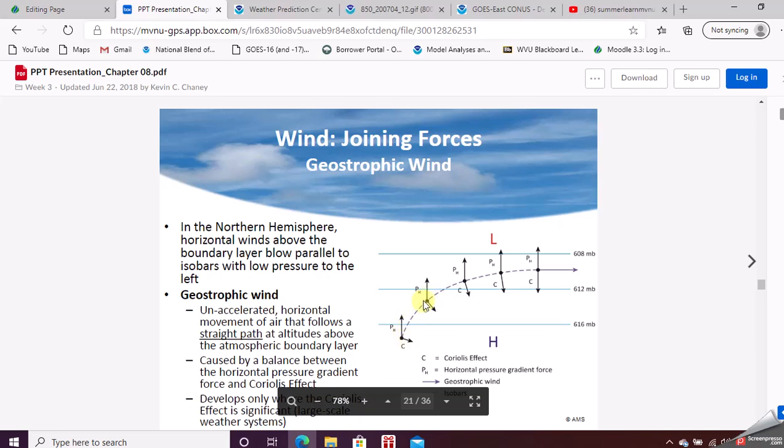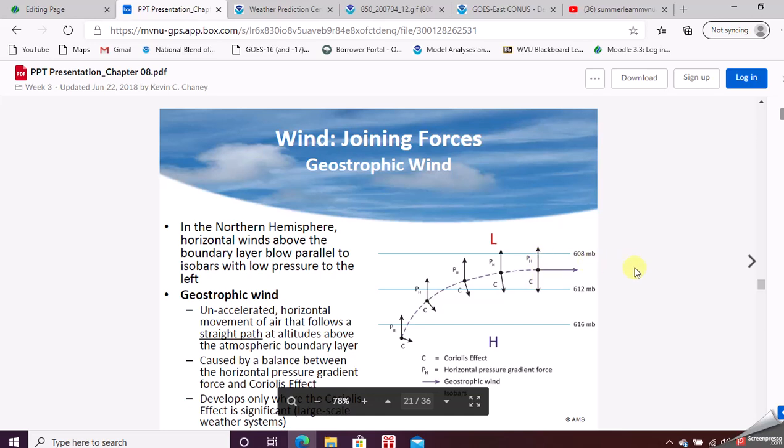If you move that air parcel along that path that's been forced by that, you'll see the Coriolis is now more to the right. Pressure gradient is more that way. Eventually, they come into equilibrium. The Coriolis force and the pressure gradient force are balanced. The air is moving in a straight line. There's no forces acting on it other than these two.